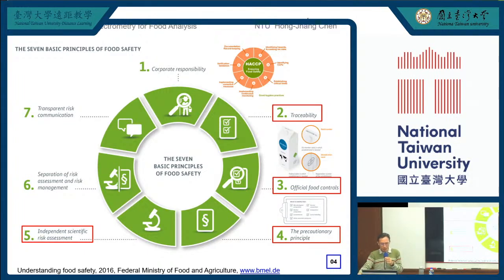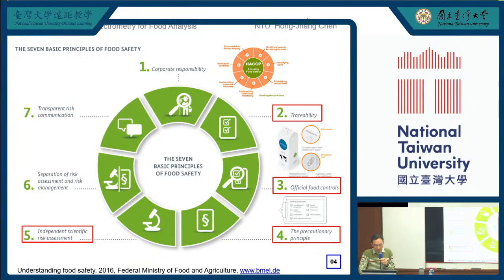For food safety, there are 7 basic principles pointed out by the BfR. BfR means the Federal Institute for Risk Assessment in Germany. They include cooperative responsibility, traceability, official food control, the precautionary principle, independent scientific risk assessment, separation of risk assessment and risk management, and transparent risk communication.